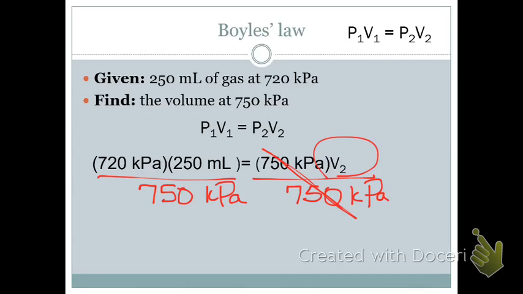So clear your calculator. And on your calculator, put open parentheses 720 times 250, close parentheses, divide by 750 kilopascals, and then press the equal sign.